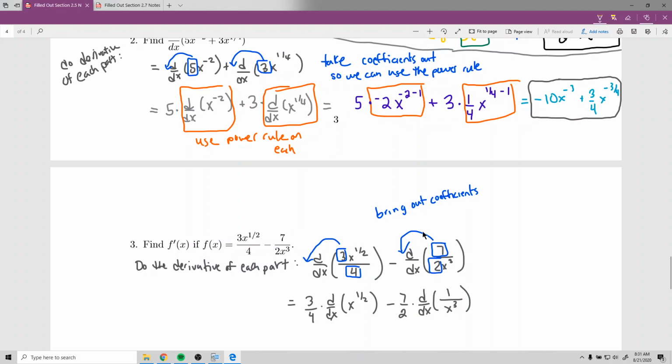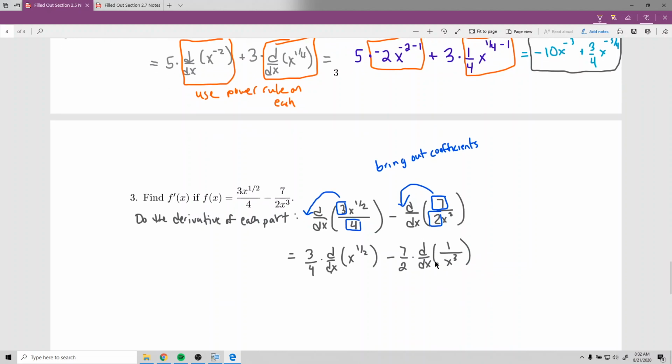All right, now there is one thing that's different about this problem from the rest that you have to be careful on. This first thing we could use the power rule on. It's just x to a power. The second one is not quite perfect for us. We have x to a power, but it's in the denominator. Before, it needs to be in the numerator. What we need to do is bring the x cubed up to the top of the fraction.